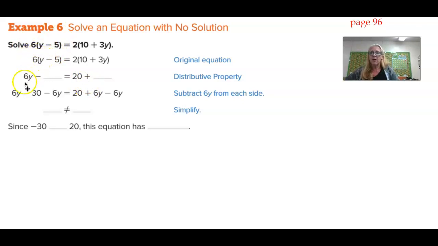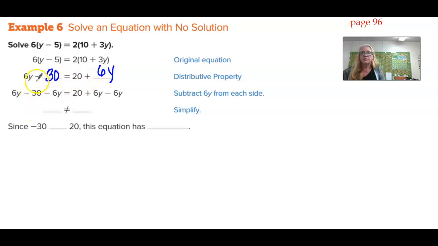They said 6 times y is 6y, and 6 times negative 5 is negative 30, 2 times 10 is 20, and 2 times positive 3y is positive 6y. 6y here, 6y here. But notice we've got minus 30 here. So we're subtracting 30 from that 6y and adding 20 to that 6y. This is not smelling kosher to me.